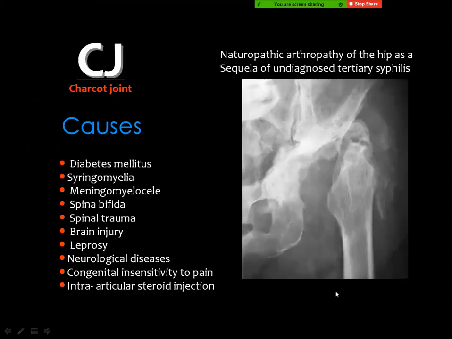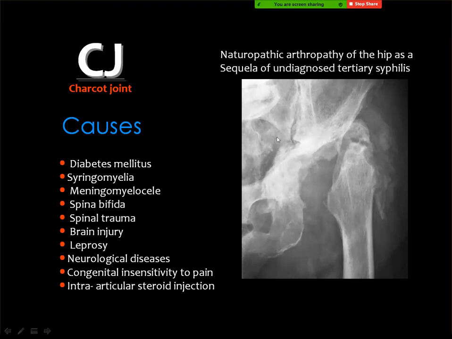And these destructive changes are usually referred to as the 5 Ds or the 6 Ds, as you know, and these are the causes. Diabetes is at the top, and some neurological abnormalities like syringomyelia, spinal dysraphism, spinal trauma, and so on.